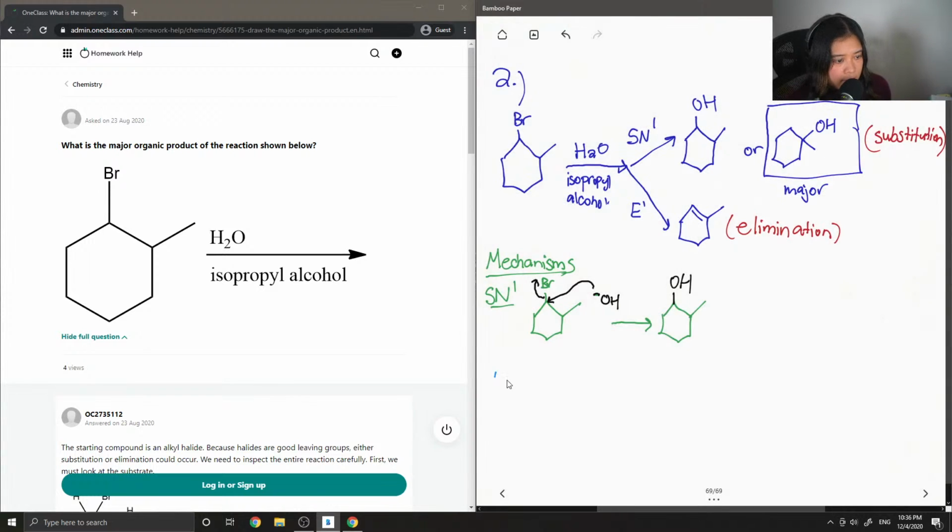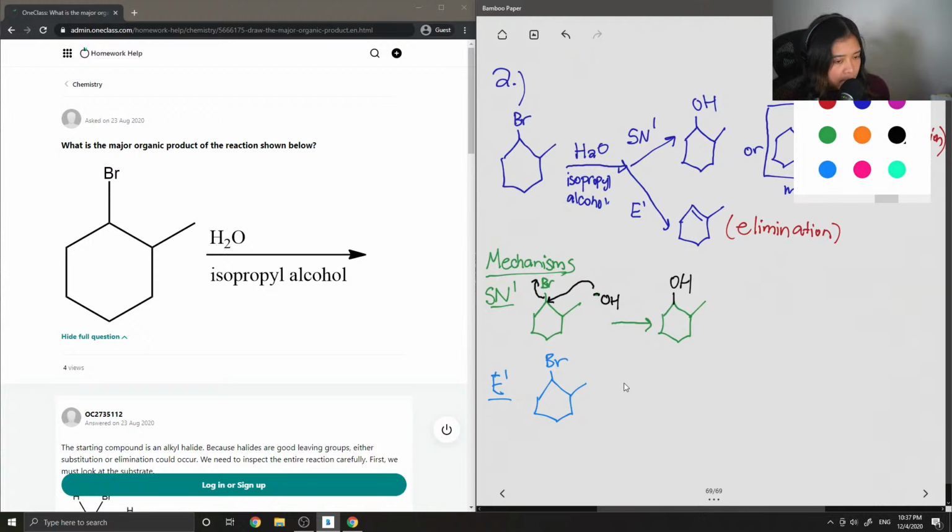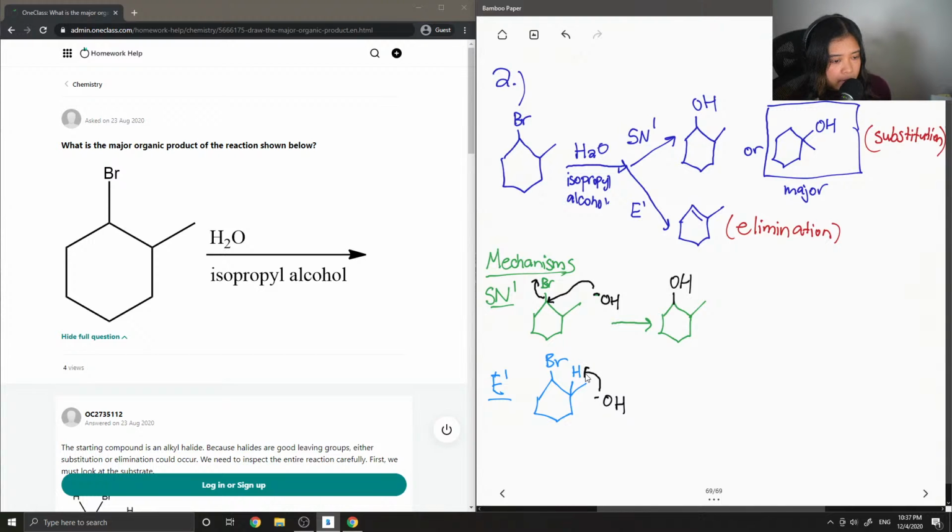And then for our second, from the elimination reaction, the OH here comes in and deprotonates this hydrogen, forming a double bond, and then kicking off the bromine. And then this is how we get our other product.